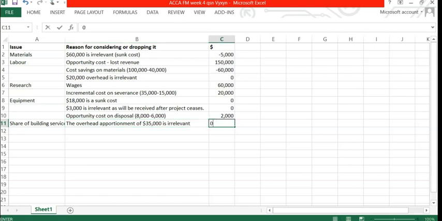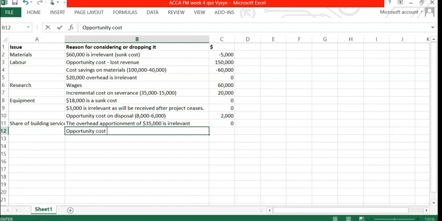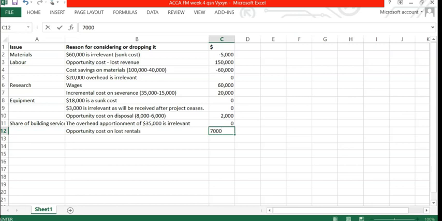Put a 0, and then you come here and say opportunity costs on lost rentals, 7,000. Okay, the fact that you have written the 7,000 automatically tells the examiner that it's relevant. All right, because in the exam, no time to dilly-dally.